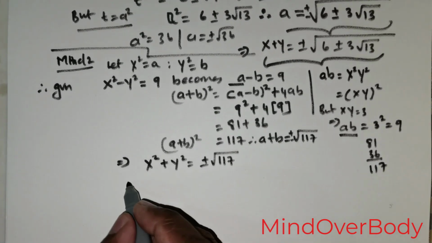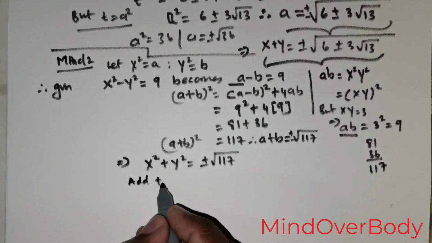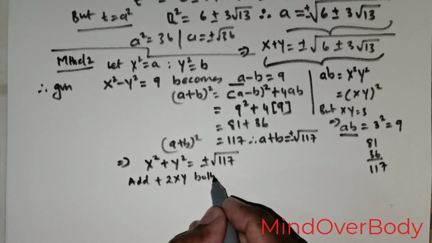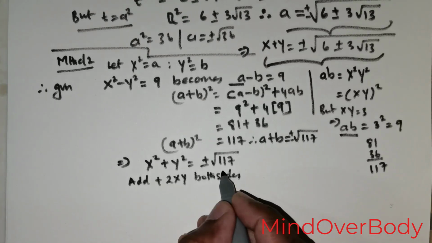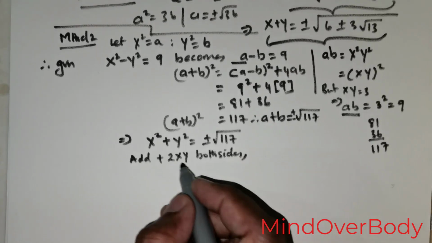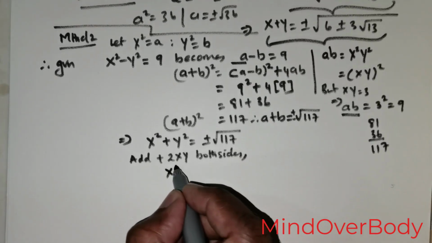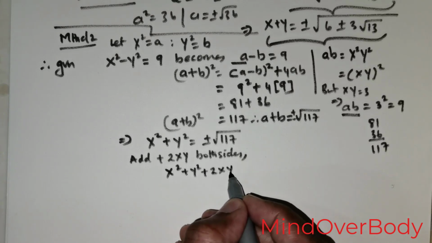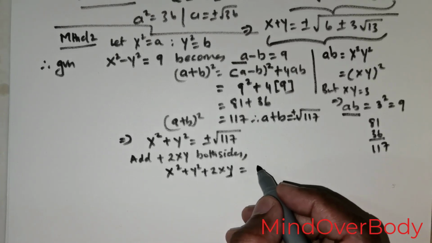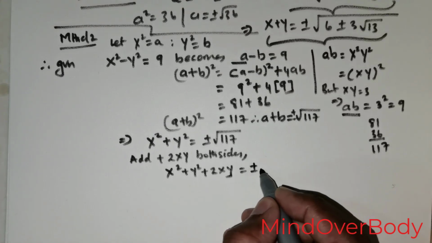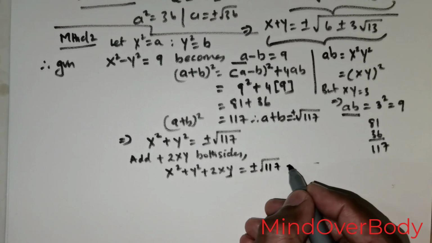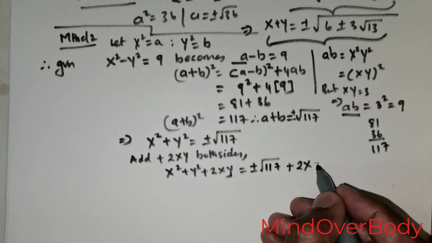Now what I'm going to do is add positive 2 times xy to both sides. If I do this, then this is going to be x squared positive y squared positive 2 times xy is equal to plus or minus root of 117 positive 2 times x into y.